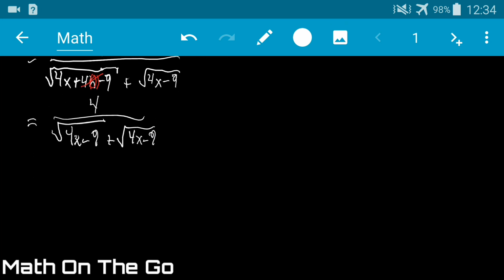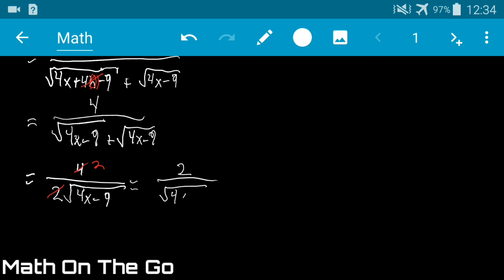At this point, we got the square root of 4x minus 9 plus the square root of 4x minus 9, so that gives us 4 over 2 square roots of 4x minus 9. And we have a 2 in the denominator, a 4 in the numerator. So that cancels, leaving us a 2 on the top. So our final answer for our derivative is 2 over the square root of 4x minus 9.